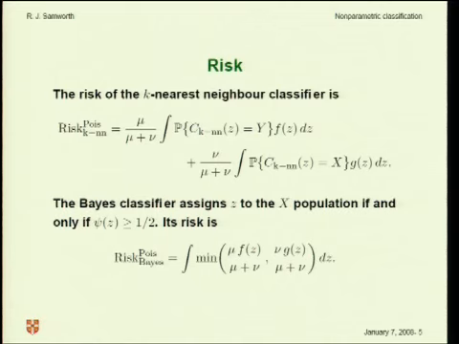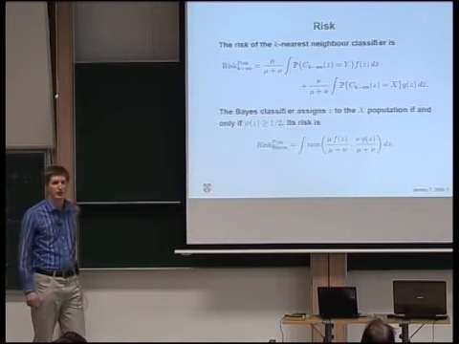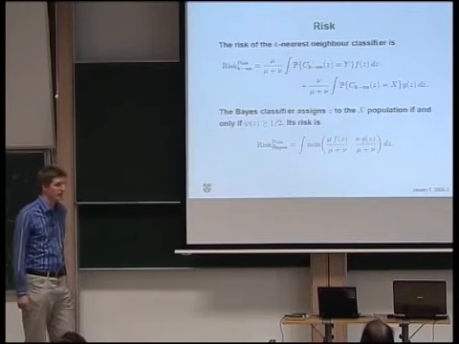I hope that the notation that I'm using there for the k-nearest neighbour classifier, that's the way that the k-nearest neighbour classifier classifies the observation z. So we're integrating the probability that we misclassify an x as a y, and then we add on the symmetric term for misclassifying y's as x's.